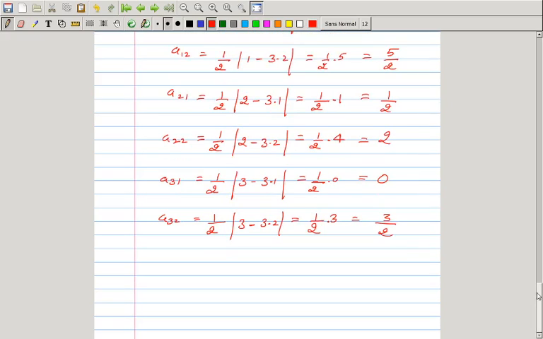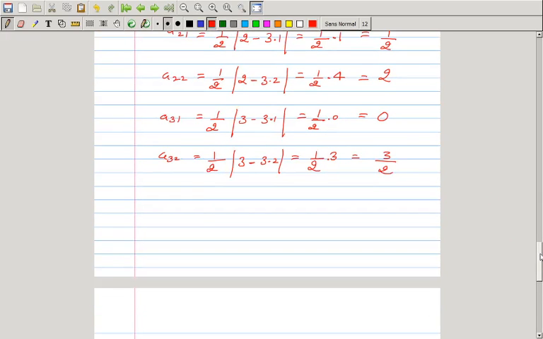Right, so we have now calculated the values for all elements, right? So let us now write it in compact form, that is A equal to, our general form was A11, A12, A21, A22, A31 and A32.